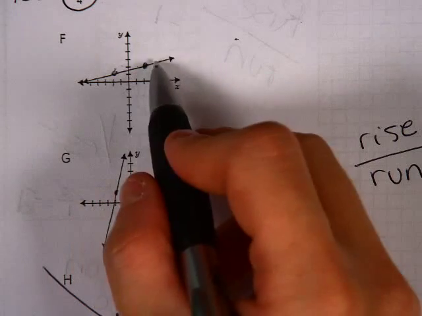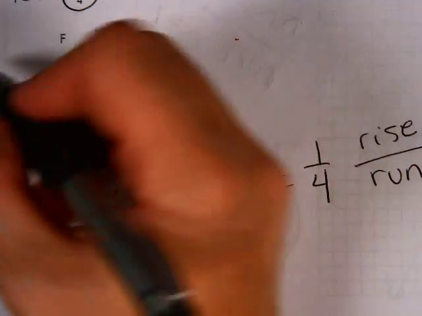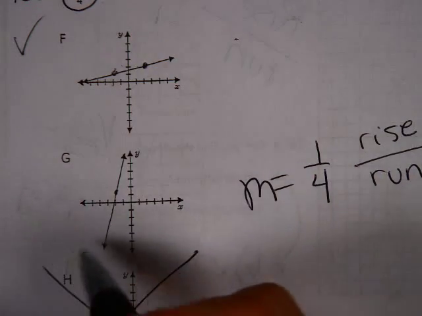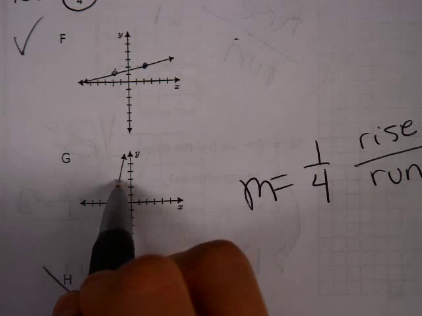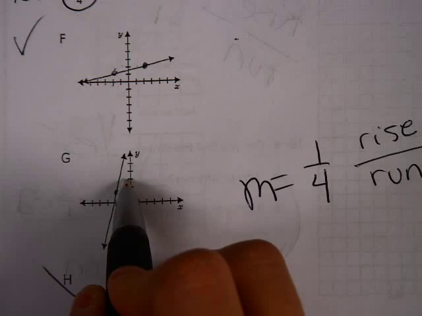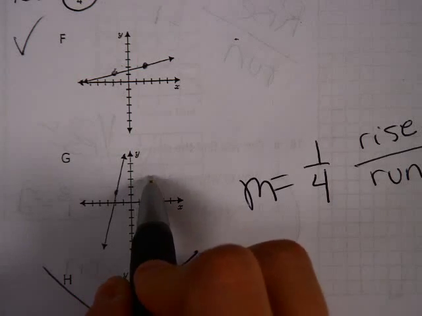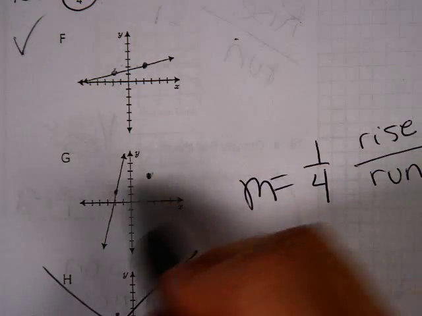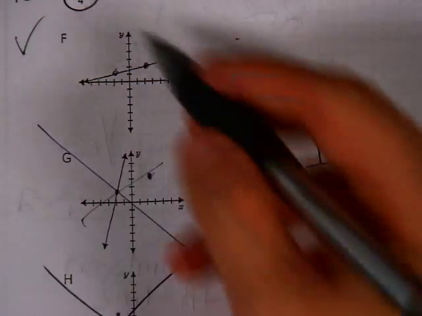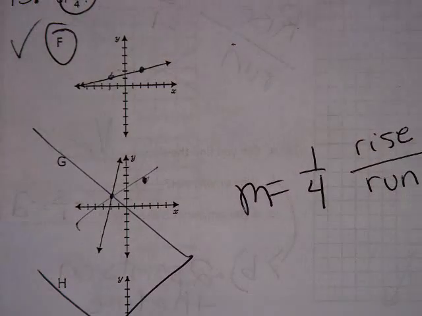Did that hit on my line as well? Yay, it did. This one's doing pretty good. Now let's try it on this one. I rise 1 and go over 4. 1, 2, 3, 4. So my new point should be right there. Nope, it's not on the line. So G is out, so F is my answer.